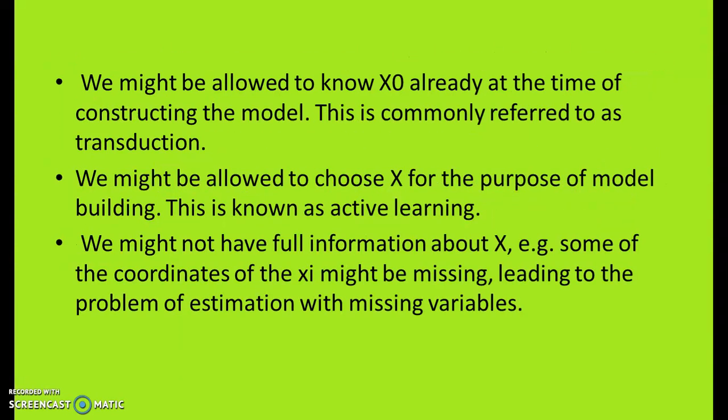We might be allowed to know x' already at the time of constructing the model. This is commonly referred to as transduction. We might be allowed to choose x for the purpose of model building. This is known as active learning. We might not have full information about x.